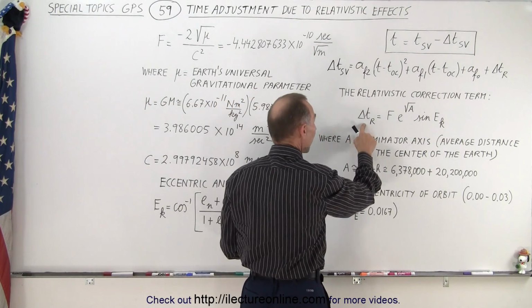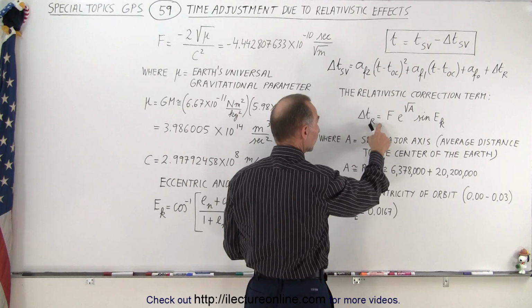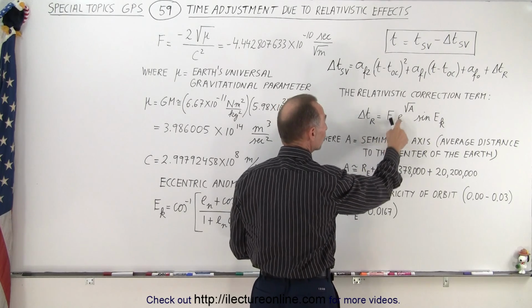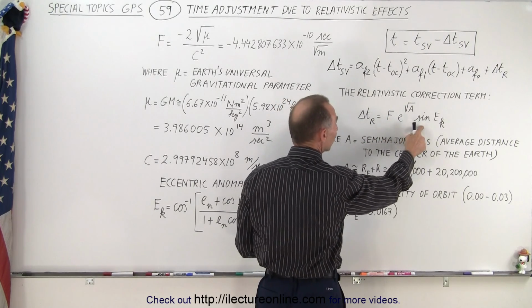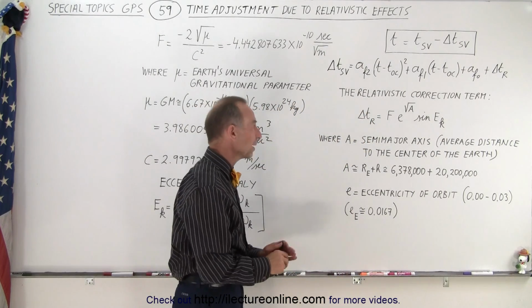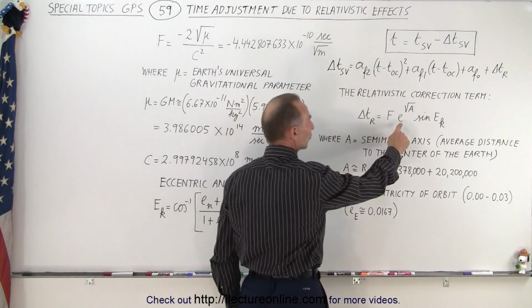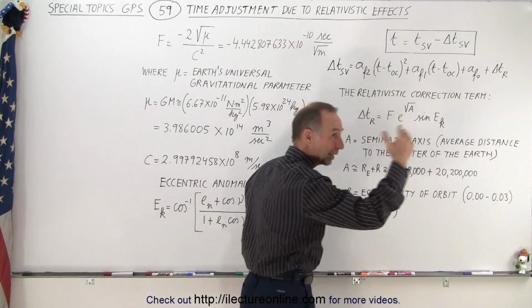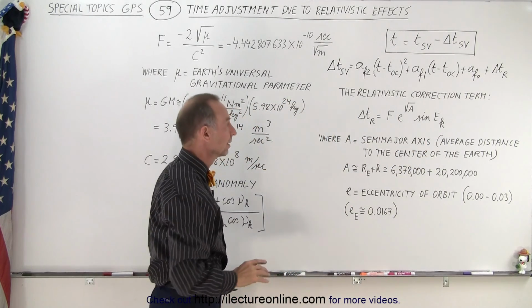The change in the time due to the relativistic effects is equal to F times e to the square root of A times the sine of E sub k. Now, what are those things? Well, the first mistake we might make is think that this is the natural number e, 2.718 and so forth, but that's not the one.